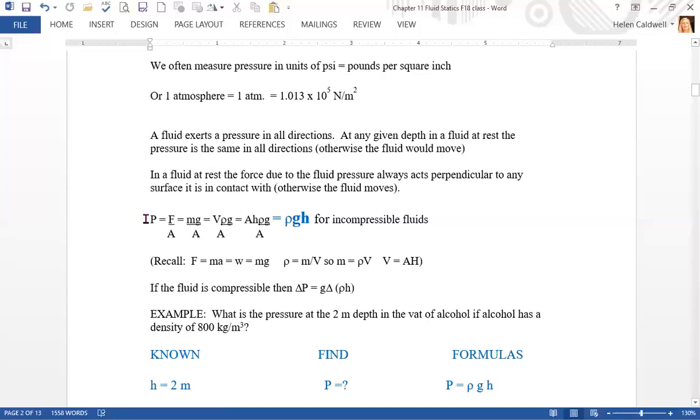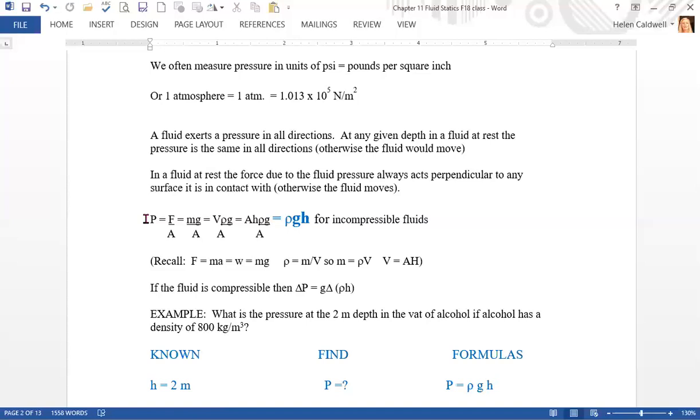So we've already said that pressure is force over area, but force is the weight of an object. So that could be the force: mass times gravity over area. But the relationship between volume and mass is that volume times density will give you the mass. So we've got volume times density times gravity over area.